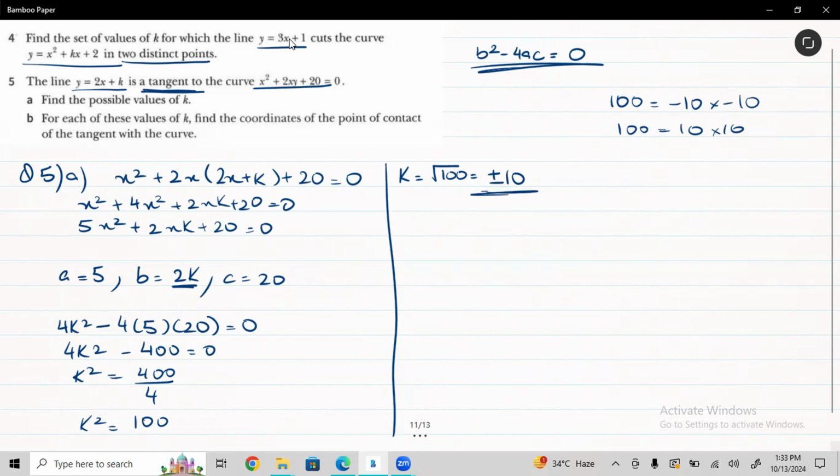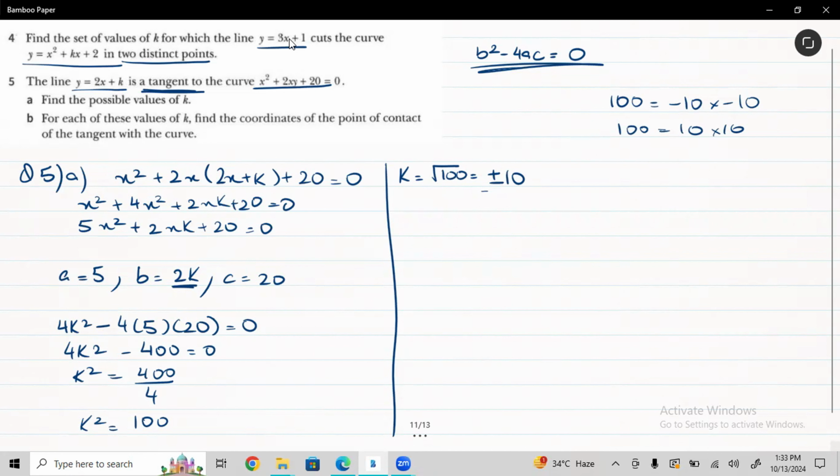Another thing is, if you had written positive 10 as a single answer, it wouldn't be correct. The examiner would have marked 0 for this because there's no 0.5 for this. The only marks you would get would be for the working, but your answer would in the end be incorrect because you have not given the second possibility, which is negative 10.